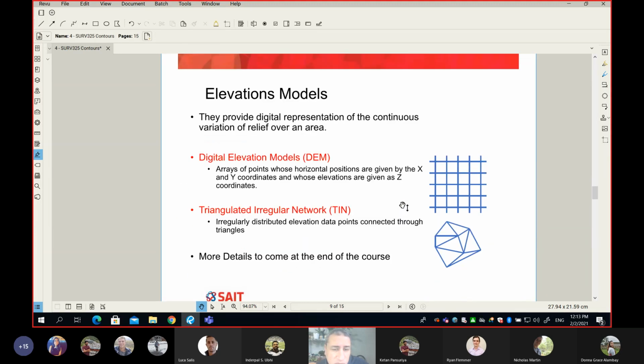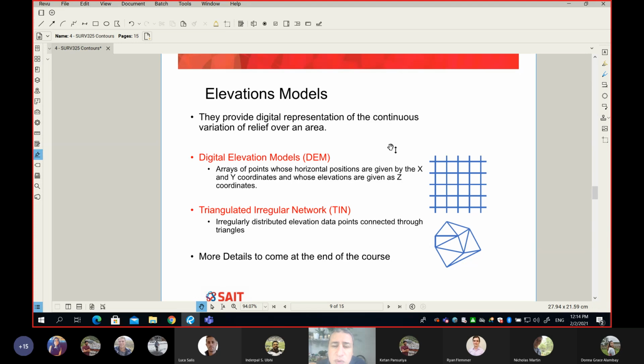Okay. Now, there is also one topic here which I'm going to touch on today, but we will continue discussion throughout the whole course about these models. So the thing is, when we spend some time on site and we do the survey using Total Station, our final product will be discrete points, maybe 1,000 points of known easting, northing, elevation. However, we can copy this file into our machine.